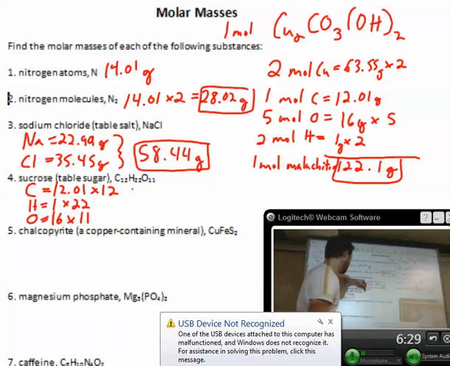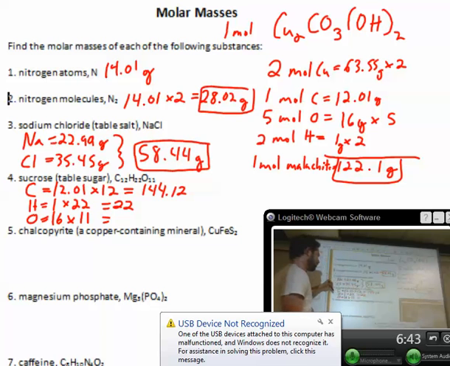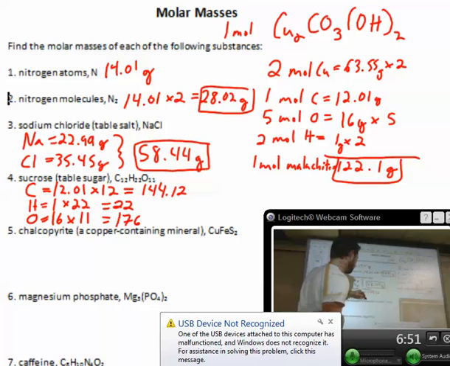What we should get is 144.12, we should get 22, and we should get 176 grams each.